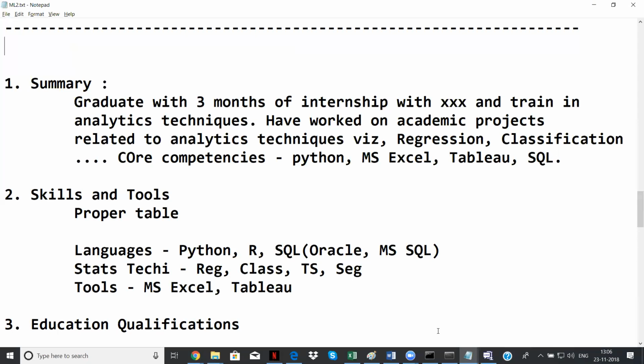Put a random address, no one is going to verify, right? So have an address in Delhi, one in Bangalore, and let's say you are applying for a company looking for a person in Delhi, submit your Delhi resume. If you really intend to relocate, that is much easier.